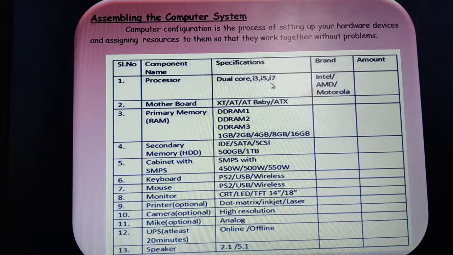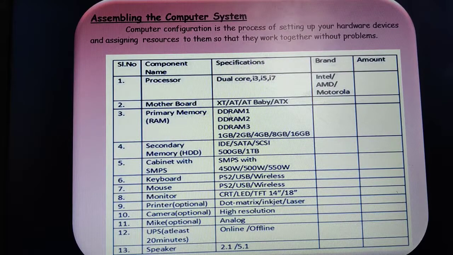Then we have the motherboard. Already we have discussed AT, baby AT, ATX motherboard. Which is the latest motherboard? ATX is the latest motherboard. Then we have the primary RAM. As I said while discussing the RAM slot, we have DDR-M1, DDR-M2, DDR-M3 depending upon the capacity.